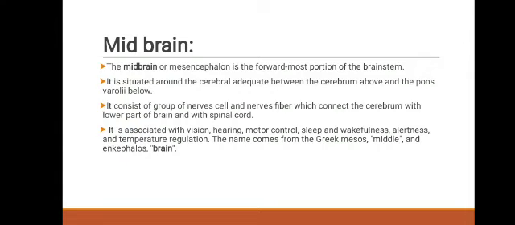It is associated with vision, hearing, motor control, sleep and wakefulness, alertness and temperature regulation. The name comes from the Greek mesos meaning middle and encephalon meaning brain. So we can call the midbrain the middle brain.